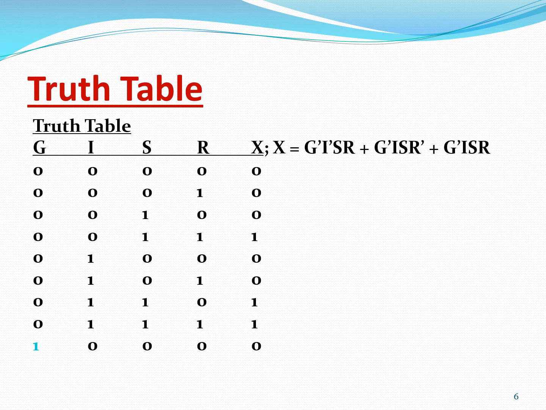So far in this truth table, we see the expression for 1: X is equal to G' I' S R, or G' I S R', or G' I S R.